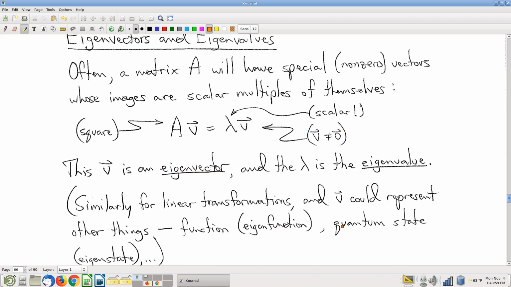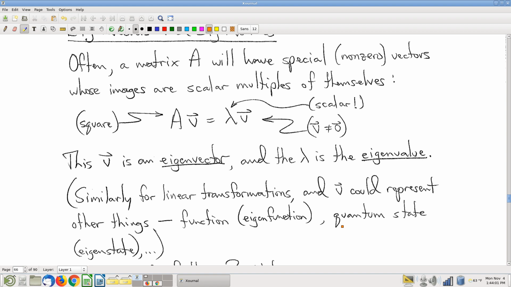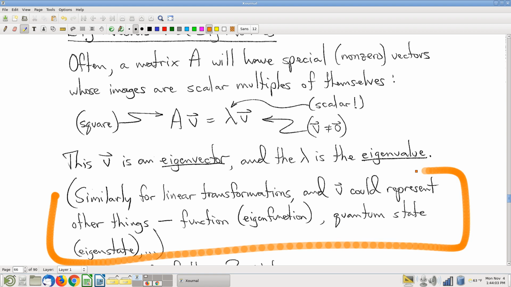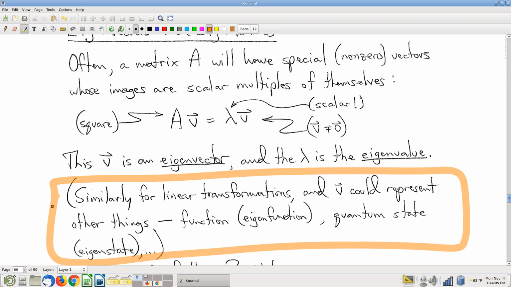Now, just a little bit more lingo. We're not going to do anything with this in this course, so think of this as kind of a cultural reference. There are other kinds of analogous things that happen, not with matrix times vector, but with some linear transformation acting on some vector in a vector space. We've seen lots of examples of vectors in vector spaces that are not Rn, and linear transformations that themselves are not matrices.